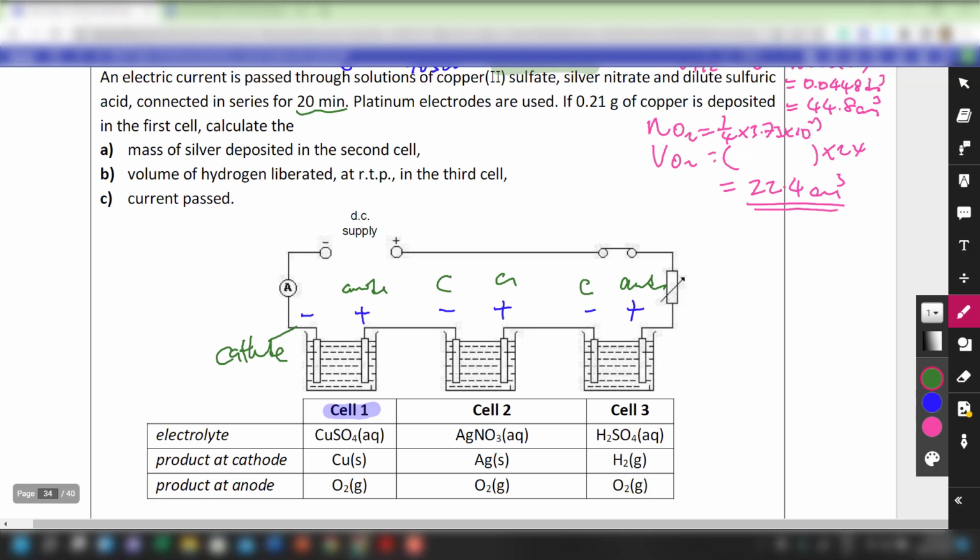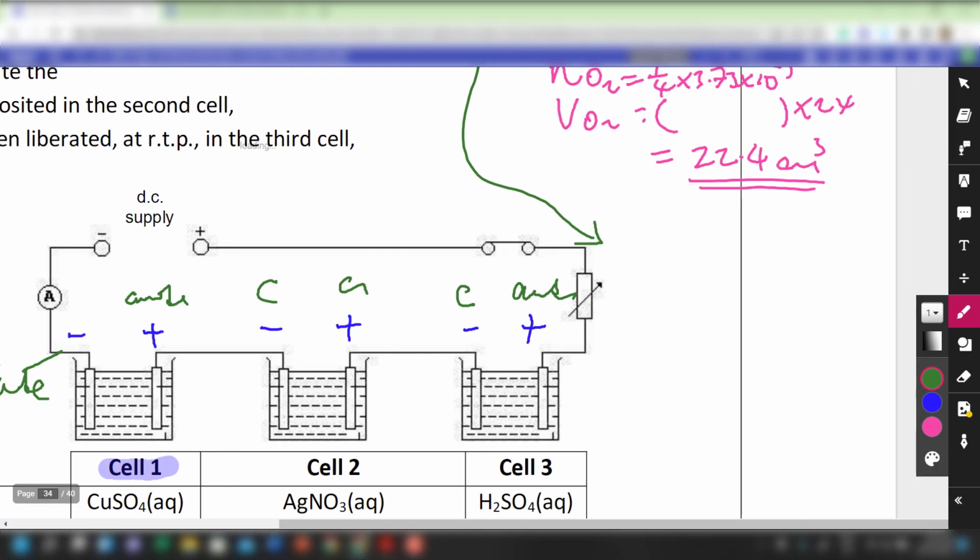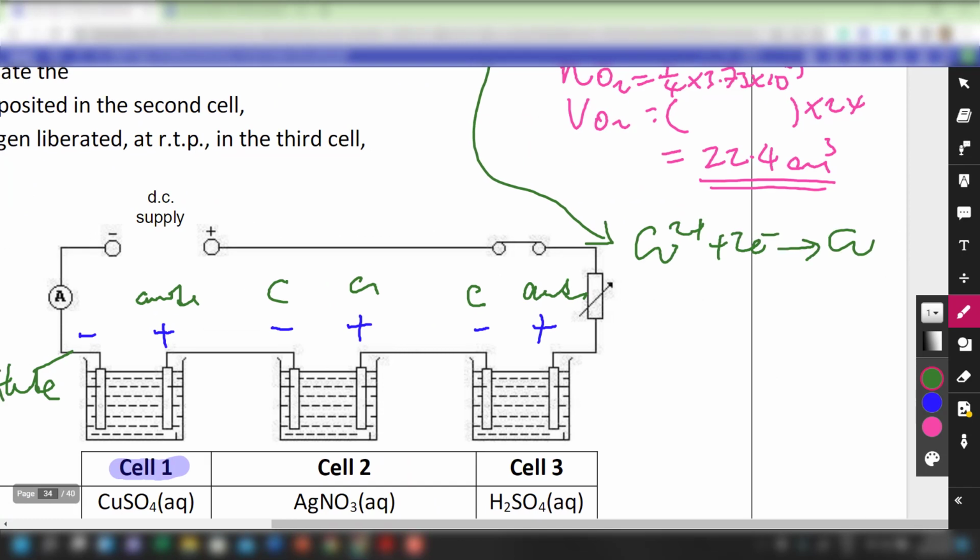So we'll try to do a simple calculation first. Because I have 0.21 grams of copper deposited in the first cell, and based on what I understand, the equation involving copper is Cu2+ plus 2 electrons gives Cu. So the ratio of moles of electrons transferred to moles of copper is 2:1. Therefore the number of moles of electrons transferred equals 0.21 over the relative atomic mass of copper, 63.5, multiplied by 2.